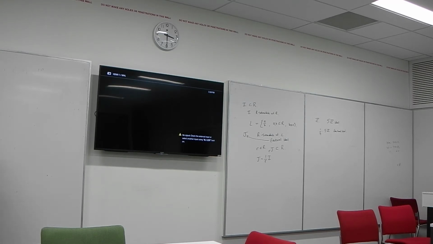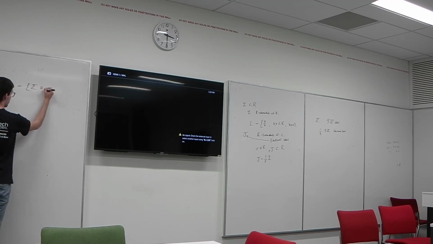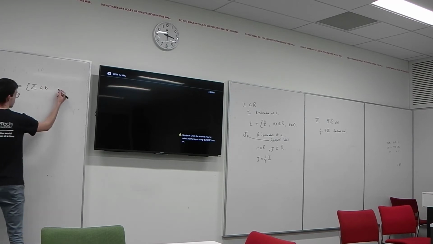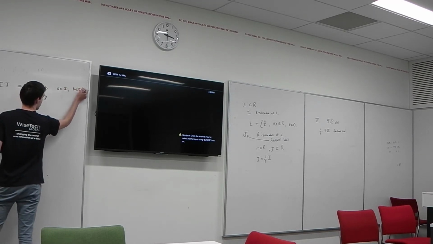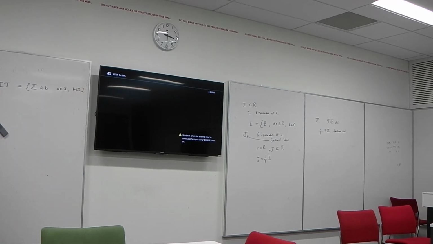So we can multiply ideals. If we've got two normal ideals, I and J, we can define their product as all sums of things of the form ab, where a is coming from I and b is coming from J. Basically, for any elements in I and J, this is the ideal generated by them.